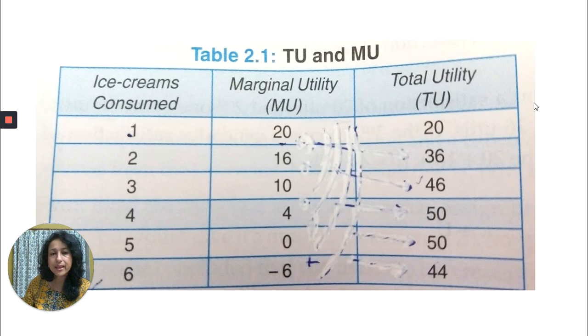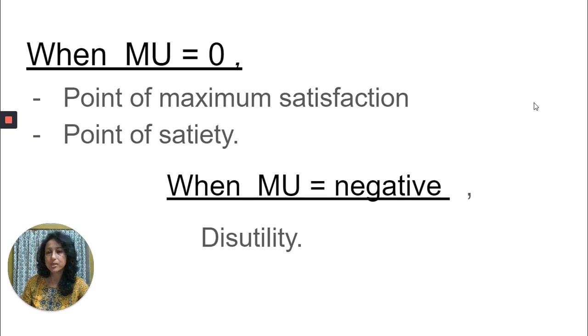So have you realized? This in fact gives us a relationship between total utility and marginal utility also. From a schedule, we can not only identify the behavior of marginal utility with increase in units of commodity consumed, we can also make out the relationship between total utility and marginal utility.